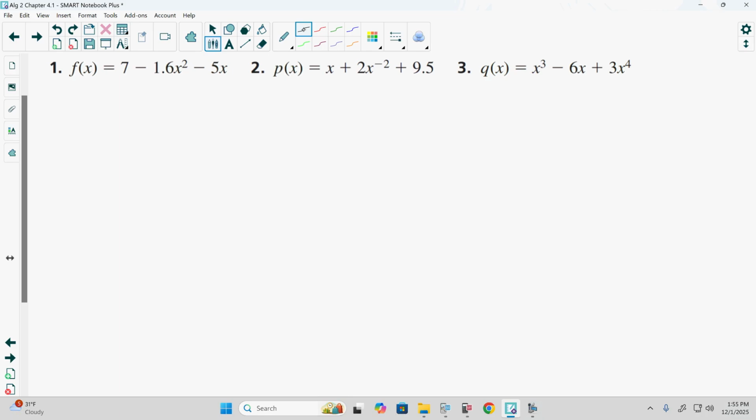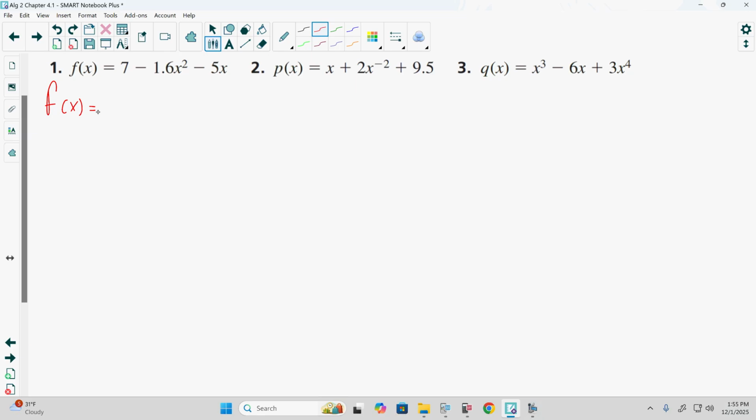We don't have any fractional exponents attached to variables. Variables are not in an exponent. We don't have radicals at all anywhere in the equation, so that's good. We don't have a variable inside of a radical. I don't have 2 different variables being multiplied together, and a variable does not show up in the bottom of the fraction. So yes, we can say that number 1 is a polynomial function.